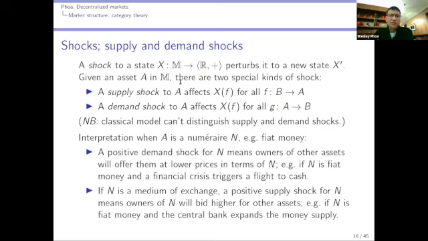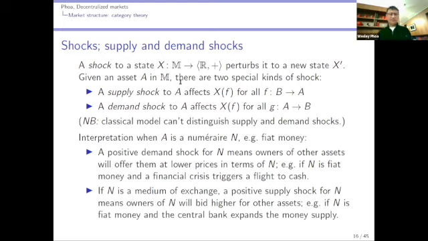A supply shock to an asset affects all the arrows with codomain A, and a demand shock to that asset would affect all the arrows, possible exchanges, with domain A. So the classical model can't distinguish between supply and demand shocks. They're the same thing. So I think that's one of the nice features of a model like this, if you can get it to work.